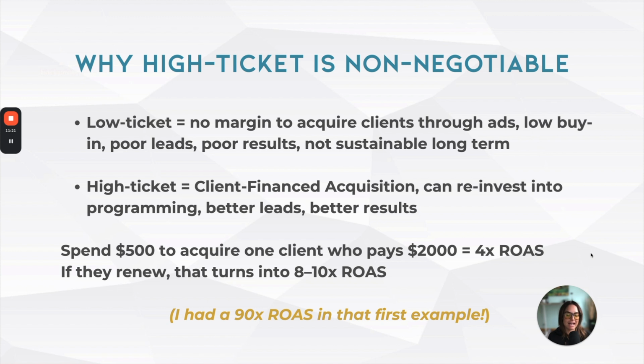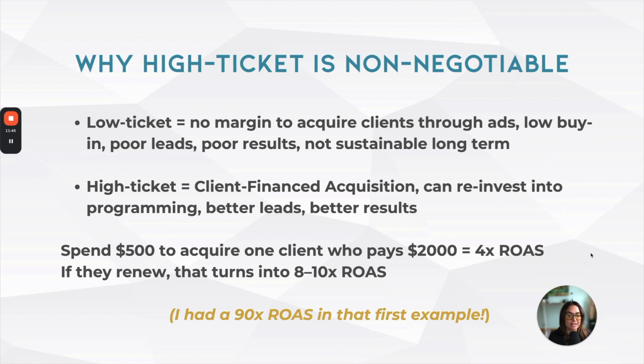Everybody is happy. And just a quick note on numbers here. If you're spending $500 in ads, selling low ticket and only making this kind of money, then that doesn't make any kind of sense. But if you are spending $500 a month and each client is spending $2,000, you have a 4 times ROAS there.